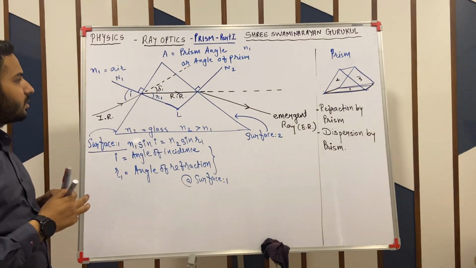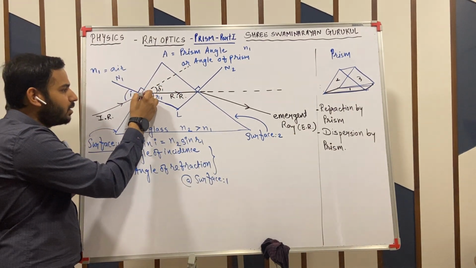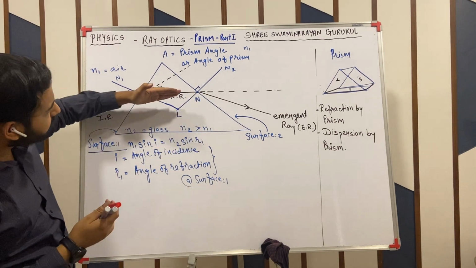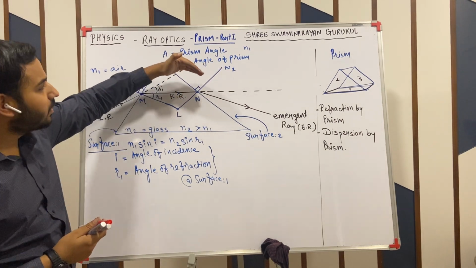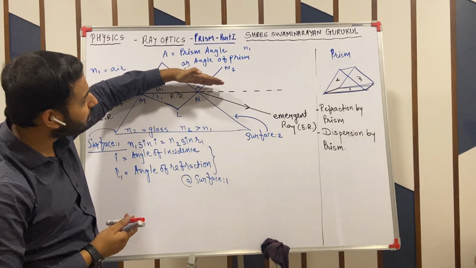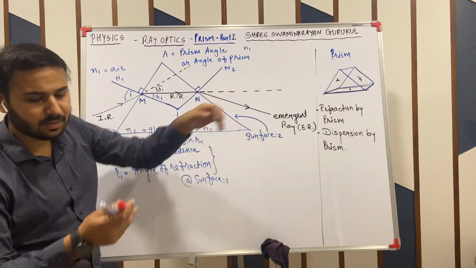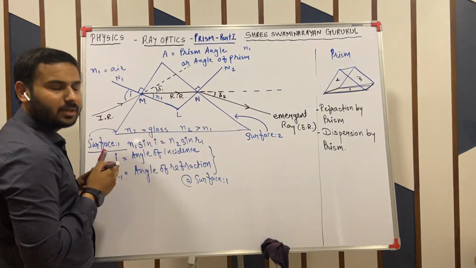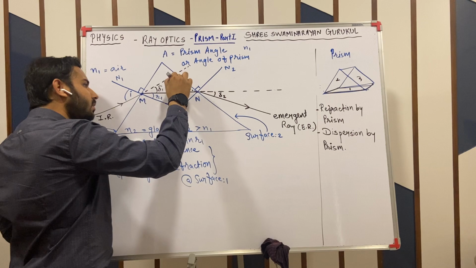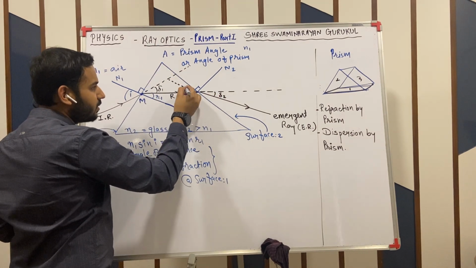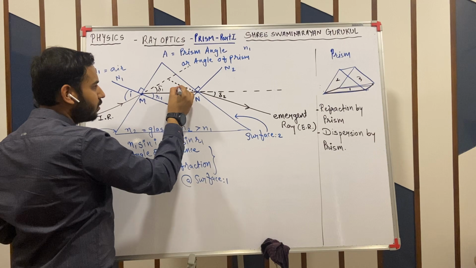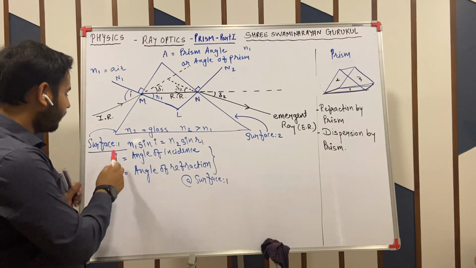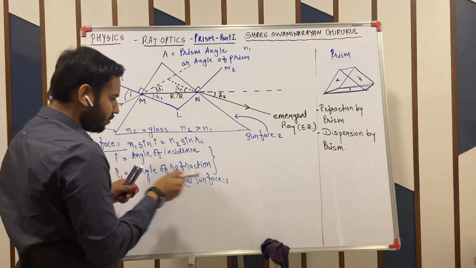Say this point is named as M, N. This was the actual direction of the refracted ray. But now the light ray is moving away from the normal. So this is the emergent ray. You can say this is the deviation at surface 2, delta 2. Okay, let me extend this line. So this is delta 2 also. Vertically opposite angles, right? Now, as surface 1, same as surface 2.